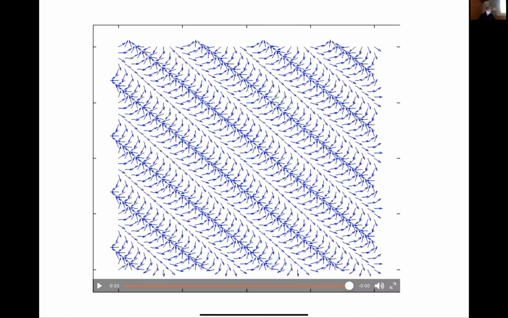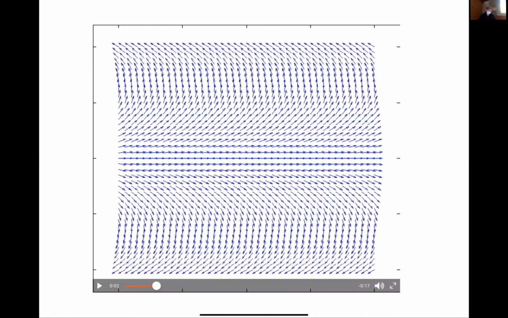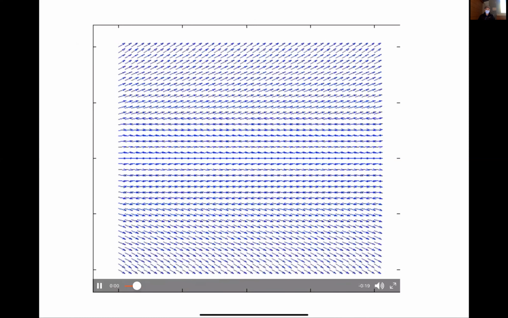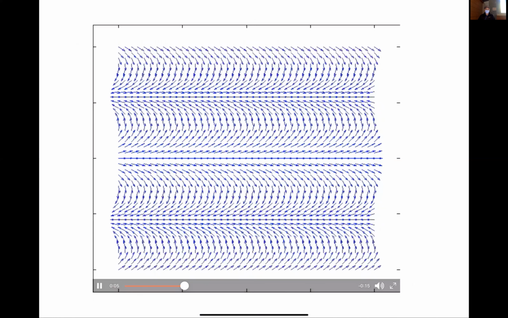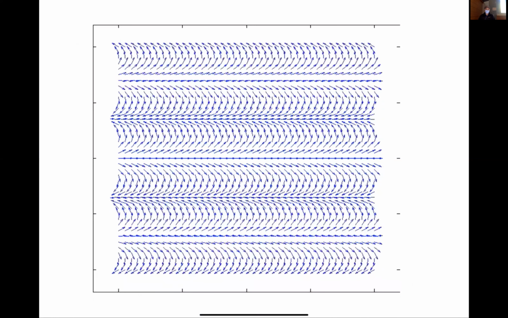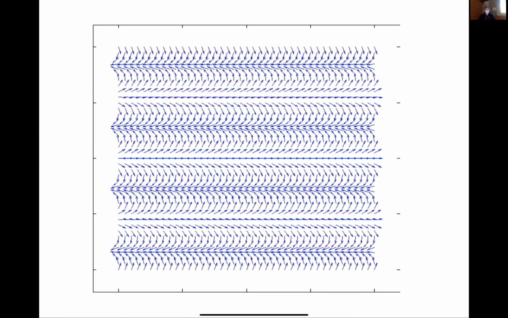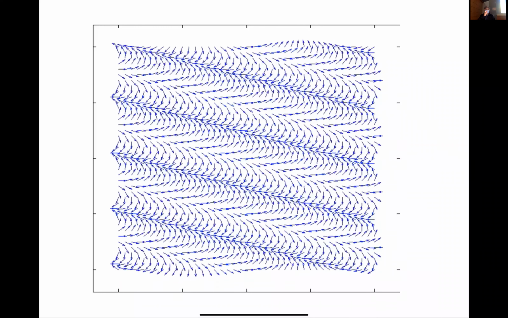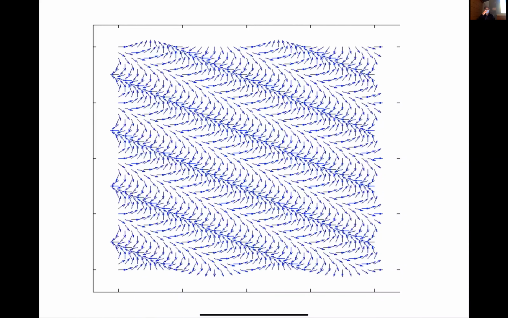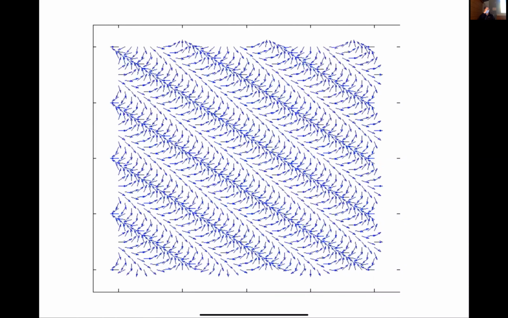Let's play that one more time. Watch as the frequency increases in the Y direction first. We get to a fairly high spatial frequency. Then at some point we stop that, keep that in place, and start adding variations in the X direction. The more variations we add in the X direction, the more that diagonal becomes tilted.